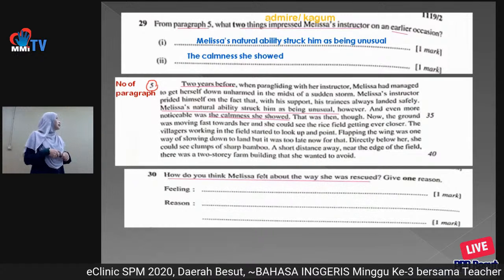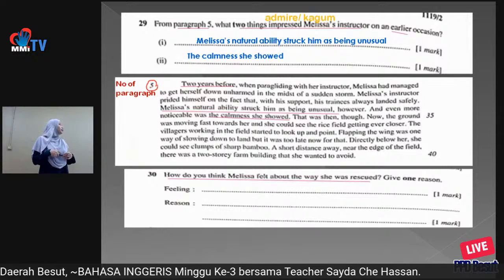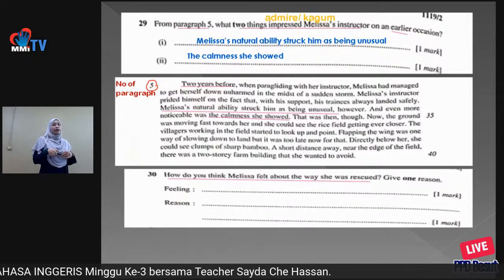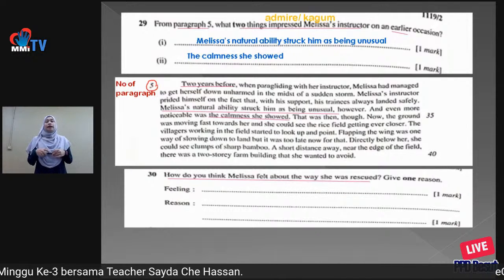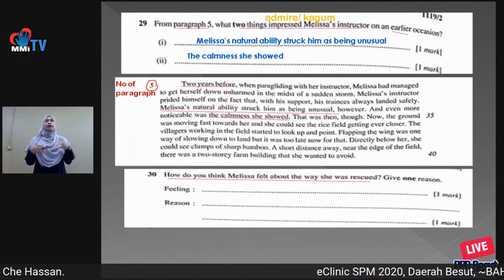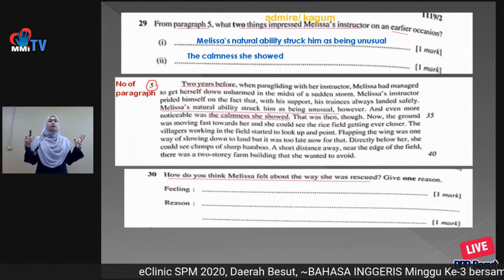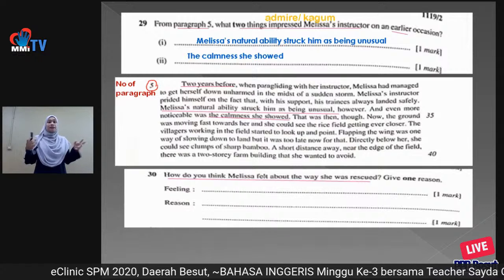Okay, last question for RC. How do you think Melissa felt about the way she was rescued? If you read the text, towards the end, masa dia nak turun tu, dia berdapat, she faced problem, but then, mesti kau macam, is she safe? Dia berjaya ke tak turun?